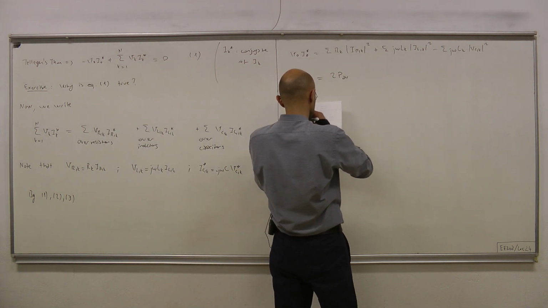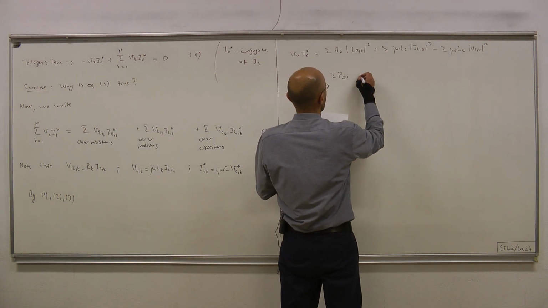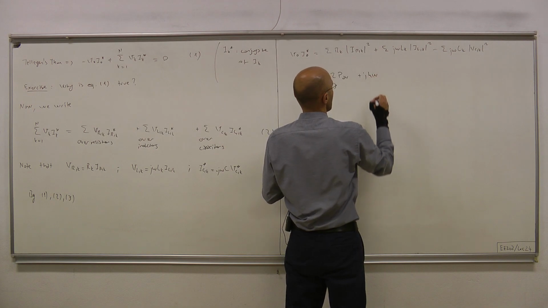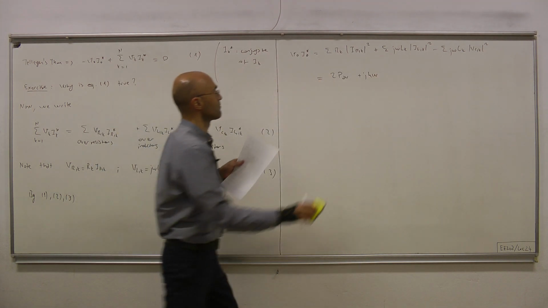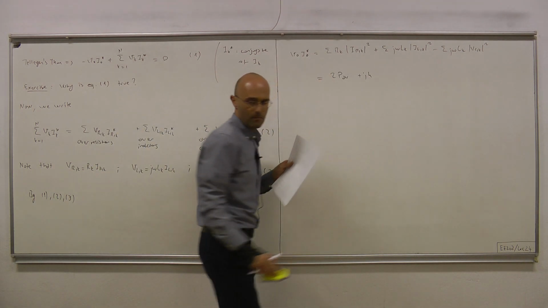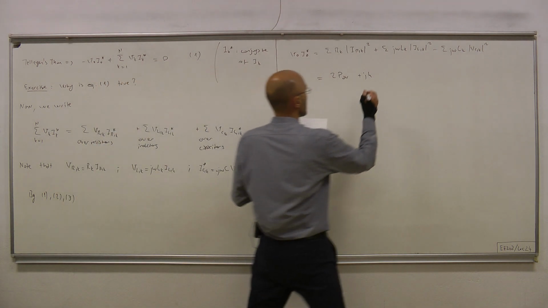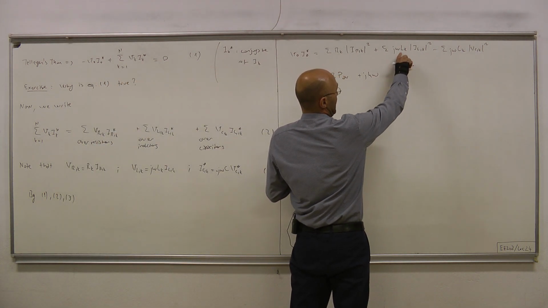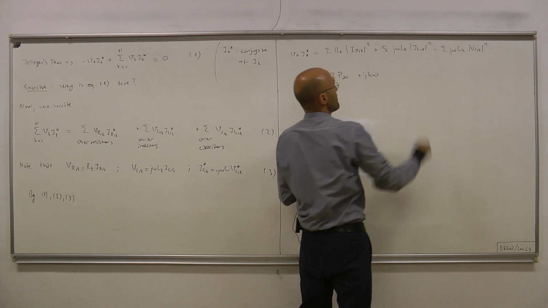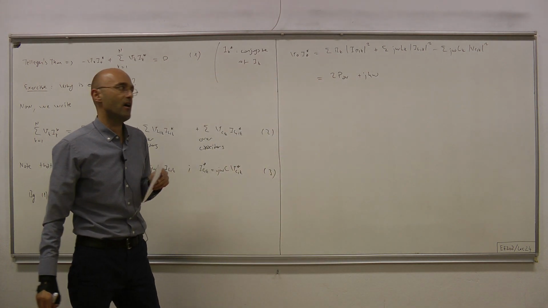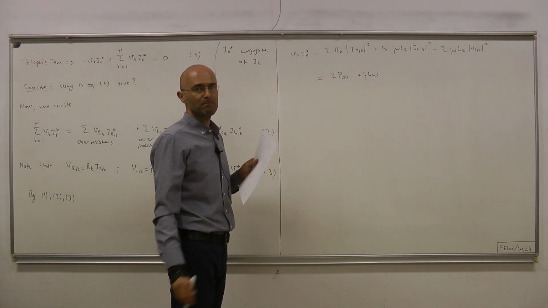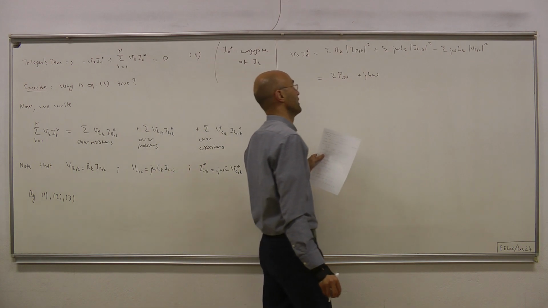What else? Plus j for omega. Now, 1/4 Lk times the magnitude squared of the current is the average stored energy.